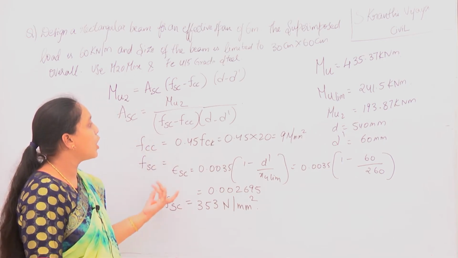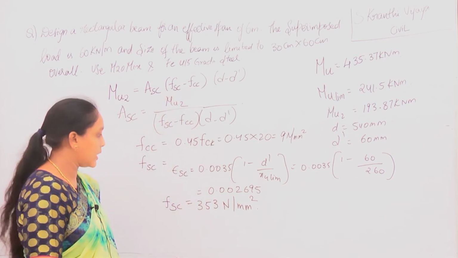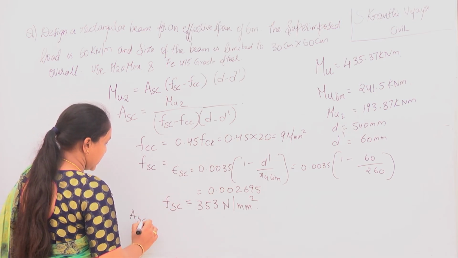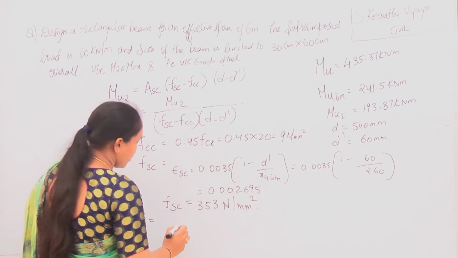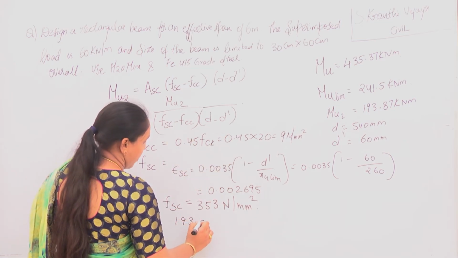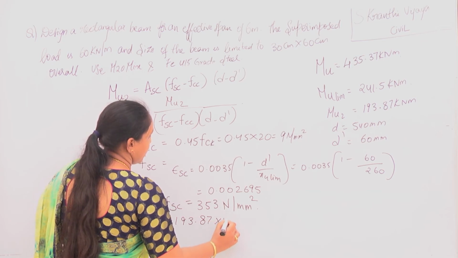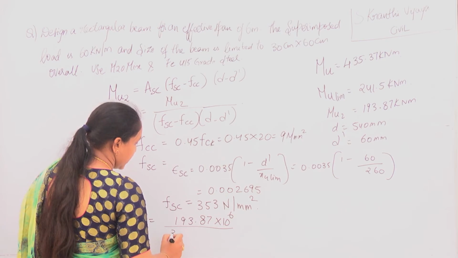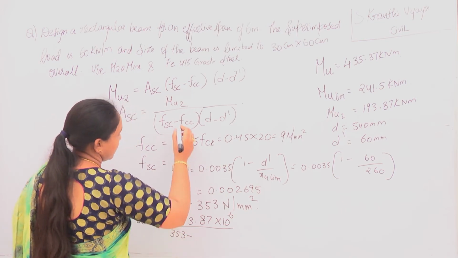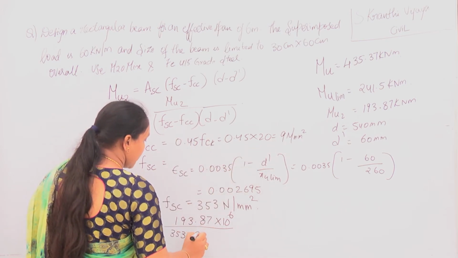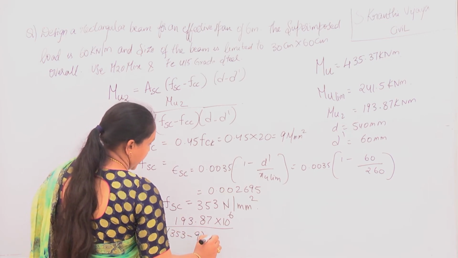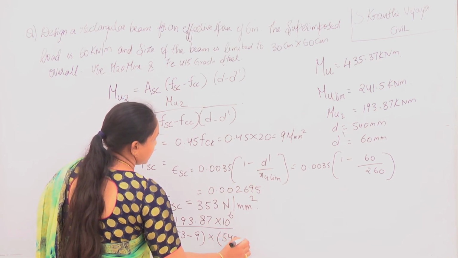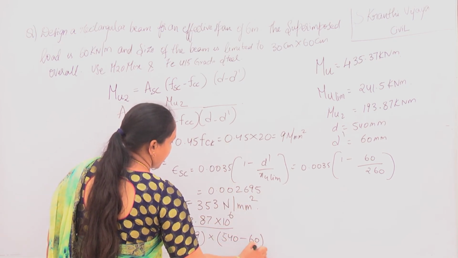So now you know all the values. Substitute all the values in this particular equation. What will you get? Asc is equal to Mu2, which is 193.87 kilonewton meter into 10 to the power of 6, divided by (fsc, which is 353, minus fcc, which is 9) into d, which is 540 minus d dash, which is 60.